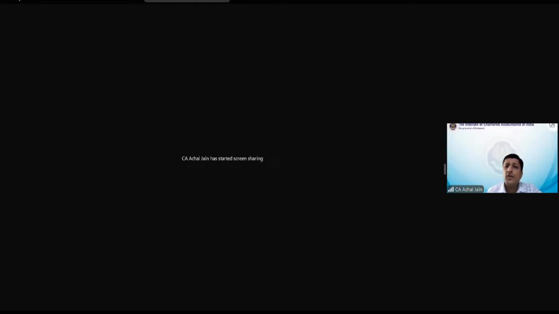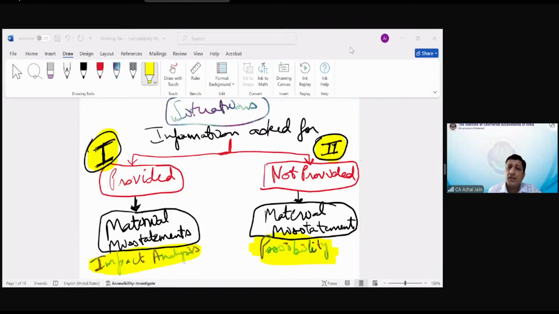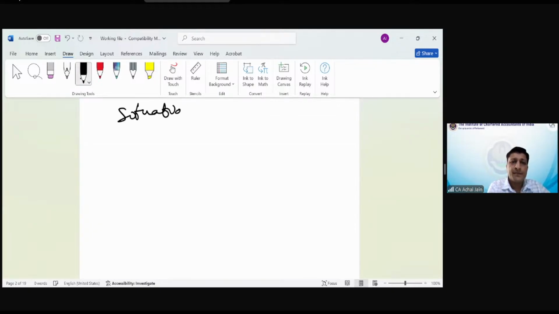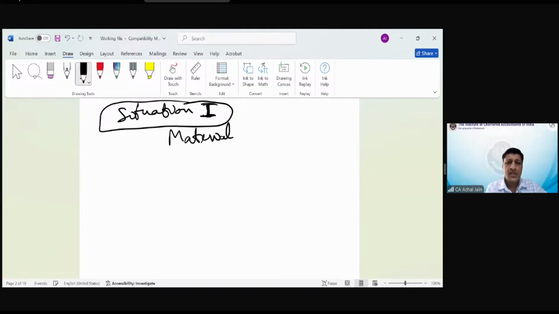So now, let's try to understand this. Situation 1 and 2 we have already talked about. We have already looked at as to how this is going to have an impact. Now, in relation to situation 1, let me say that the misstatement is material.